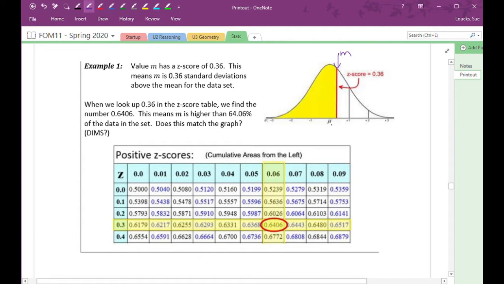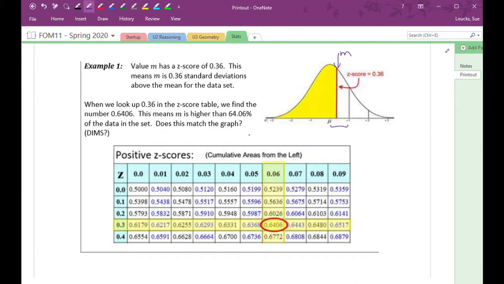So here's our mu right here in the middle. That's the mean. This is 1 standard deviation, 2 standard deviations, 3 standard deviations. And you can see that it's a little less than halfway, a little more than a third. So this is 0.36 here. If this distance here is 1, this distance here is 0.36. Does that make sense? It matches the graph.